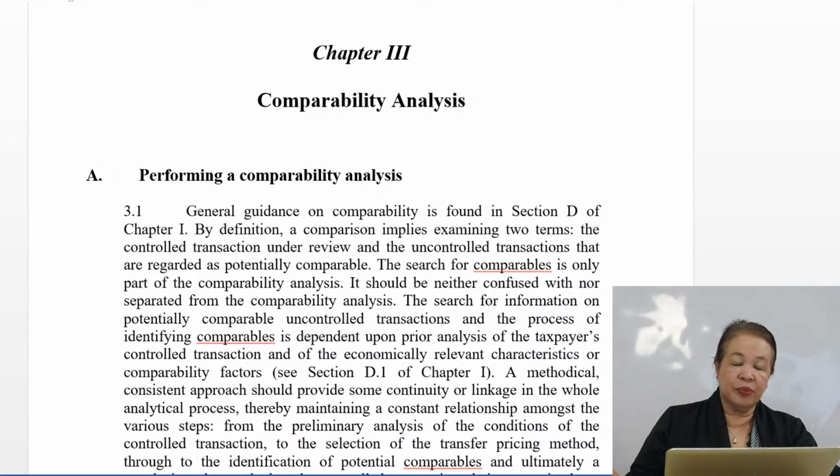And then we have the resale price method, where the product is bought and resold without adding so much value, and then you compare the gross profit. Just like the cost plus method, you also compare the gross profit. And then we have the transactional profit methods, which are the transactional net margin method and the profit split method. So those are the 5 methods that we discussed in chapter 2 of this OECD 2017 transfer pricing guidelines.